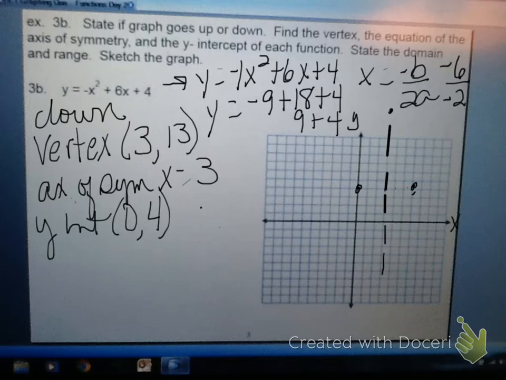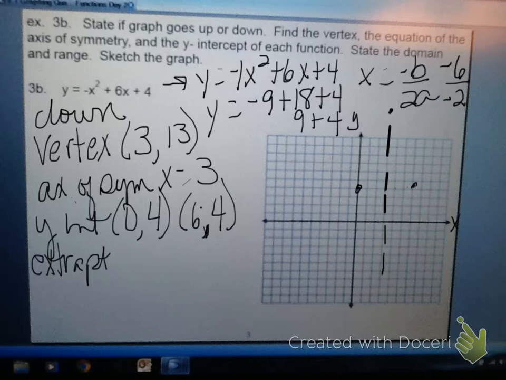And that ordered pair is (6, 4). Okay, I'm going to come up with some extra points. Now, this graph is going downward.